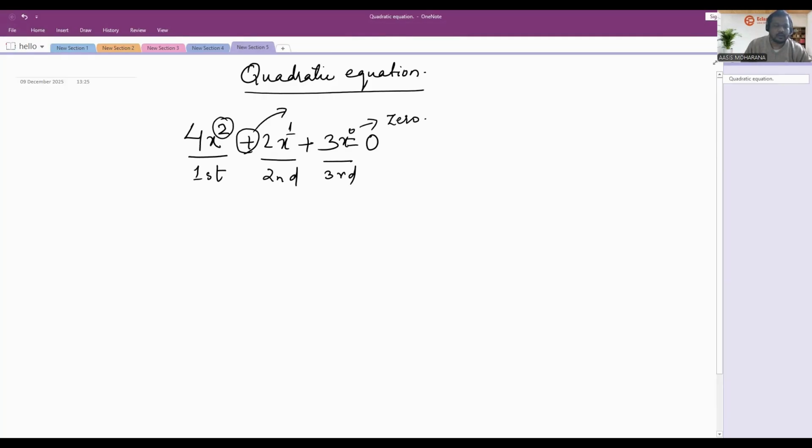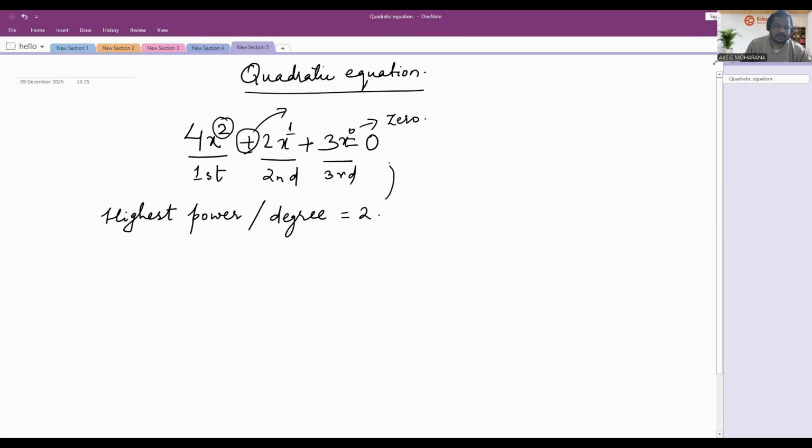So what is a quadratic equation? We can say that it is any equation which has the highest power of 2, or highest power is also known as degree, which is 2.